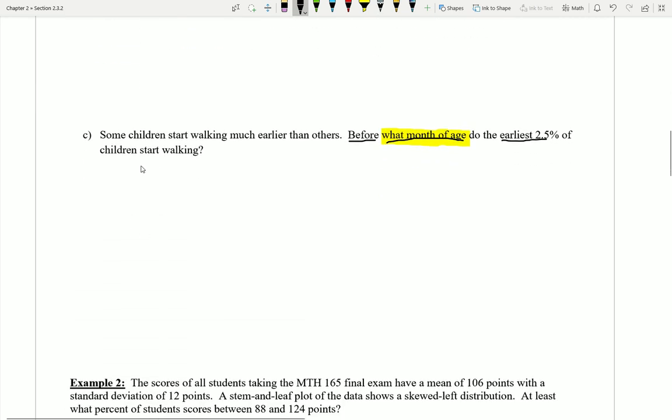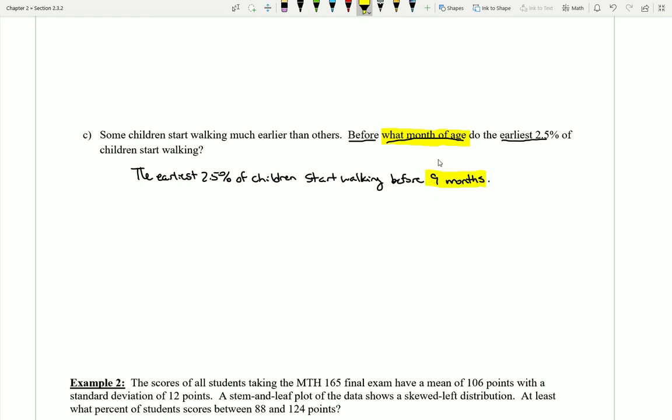I would say the earliest 2.5% of children start walking before 9 months. My answer does have months as its response. So everything's matching up. I just had to read my picture differently.